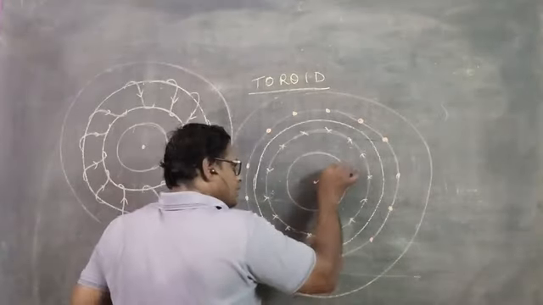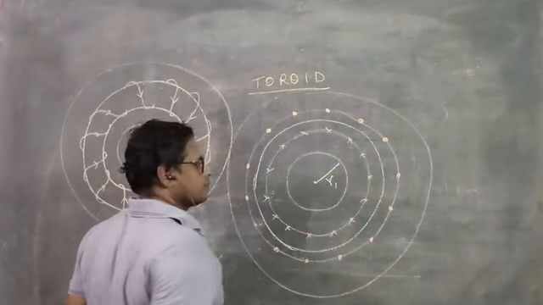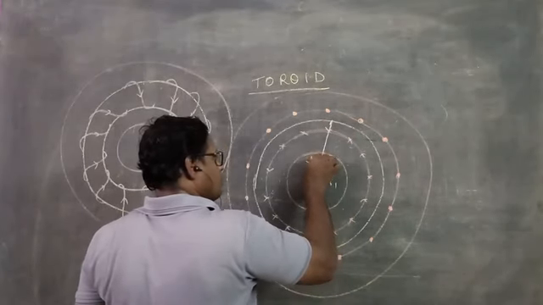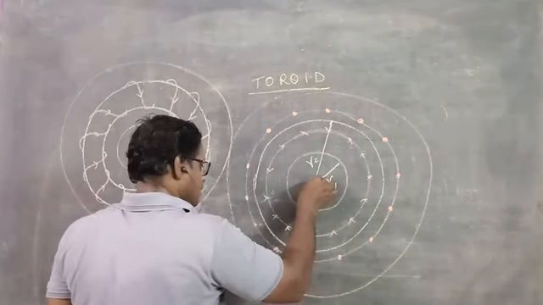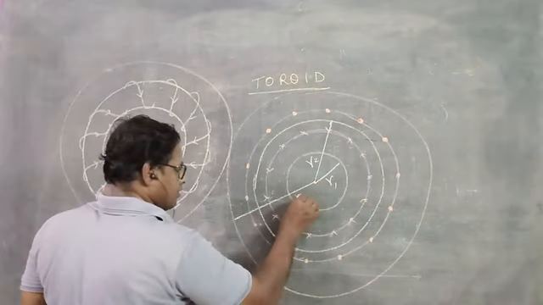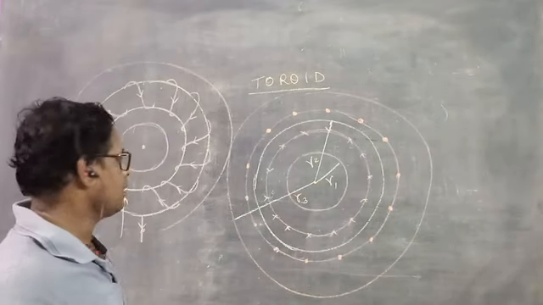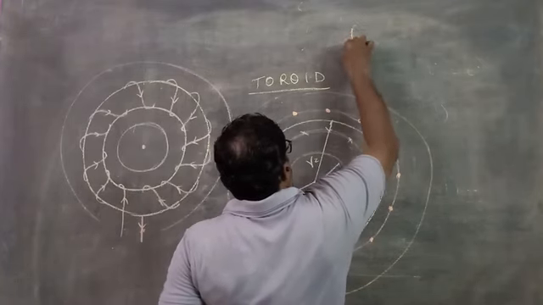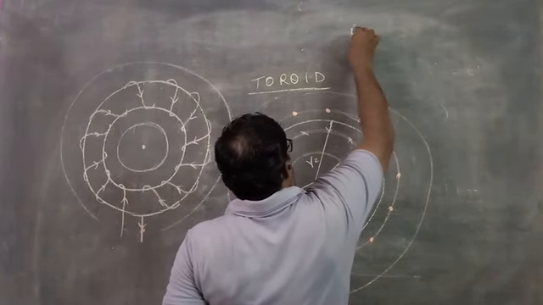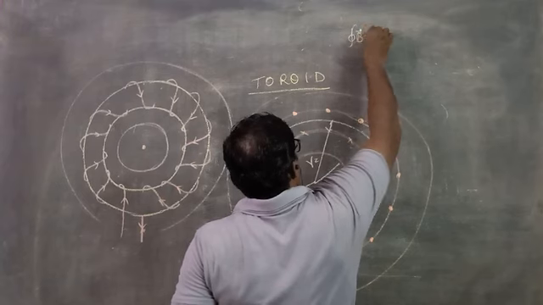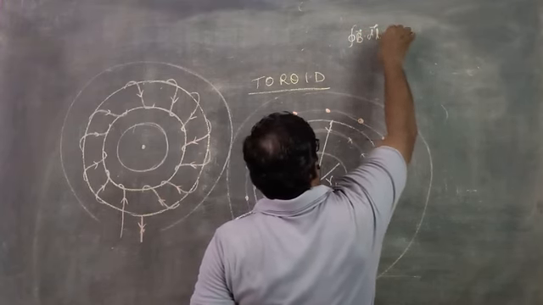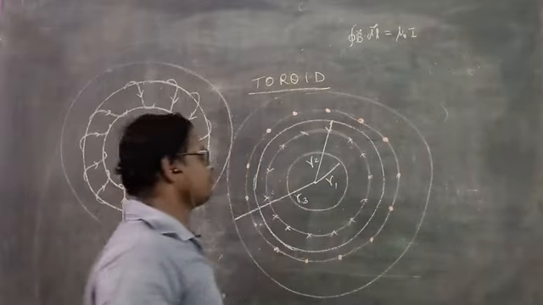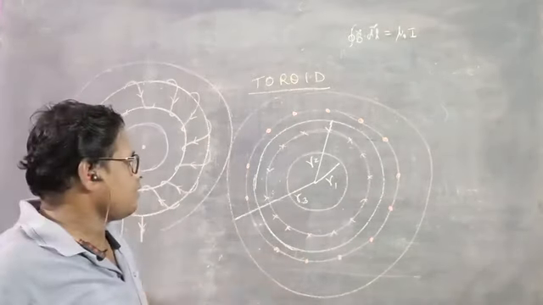See, this radius is say R1 and this radius is say R2 and this radius is say R3. And you all know that the closed integral of B vector dot dl vector is equal to mu naught I. That you know.